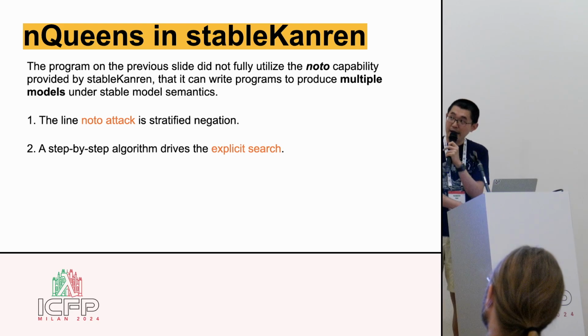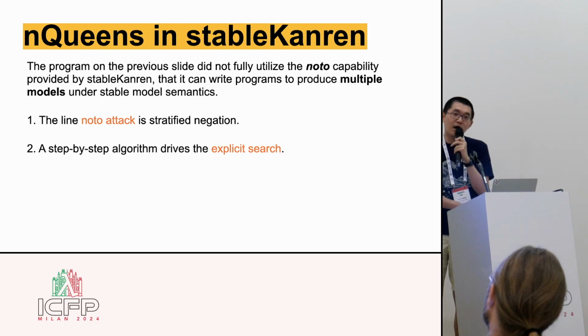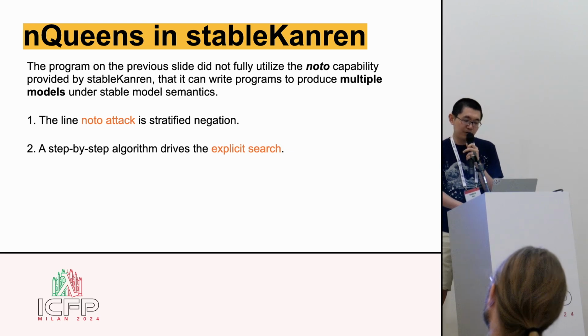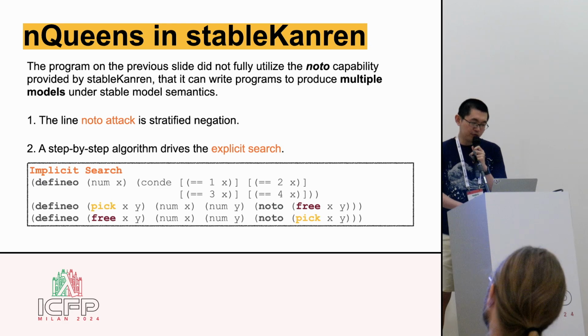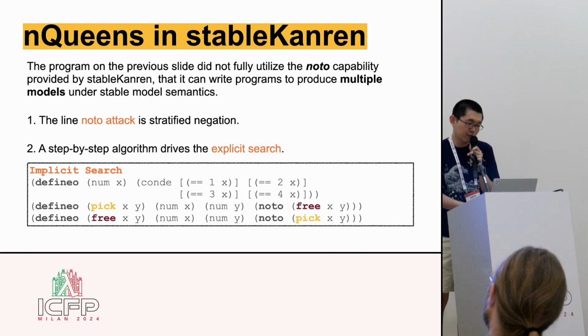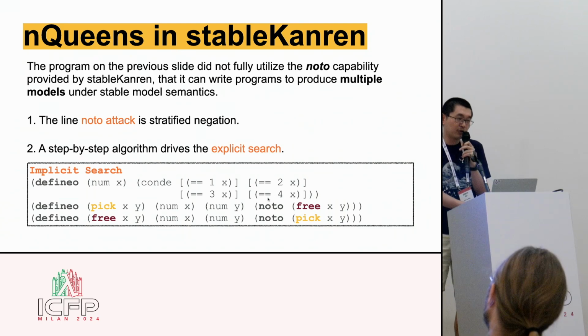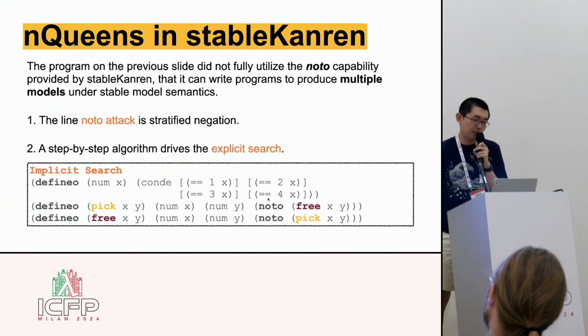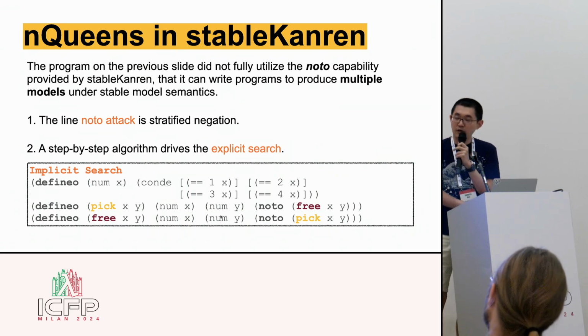Also, as we have seen, the algorithm we are describing is step by step, kind of an explicit search with guided search. Now we may wonder, can we do it using an implicit search approach? Here we are using the full power of nodal. We have a pick: we either pick a queen or not pick a queen at position X and Y. This is a 4x4 board. We can either pick a queen or not pick a queen at a certain position, or this position is free.